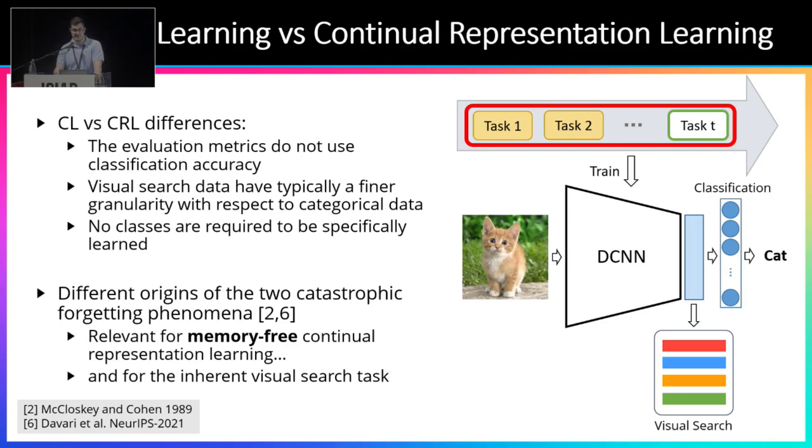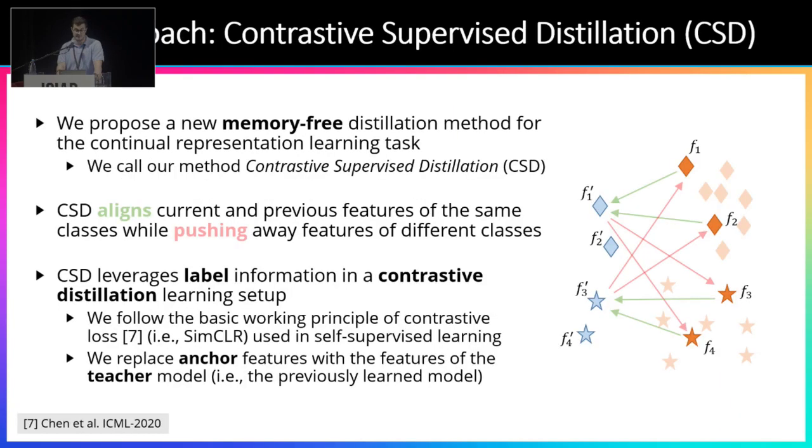And the third is that no classes are required to be specifically learned. Indeed, in continual representation learning, we don't care about classes. We only care about learning internal feature representations. So this different origin between classification forgetting and feature forgetting can be relevant for developing memory-free continual representation learning methods and for the inherent visual search task.